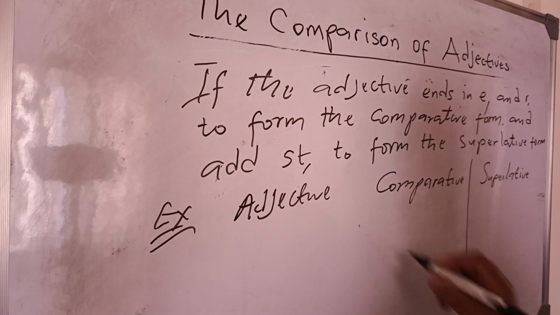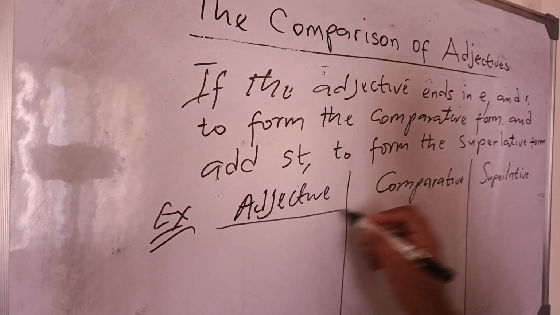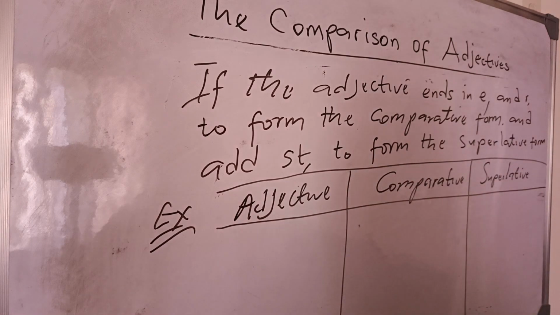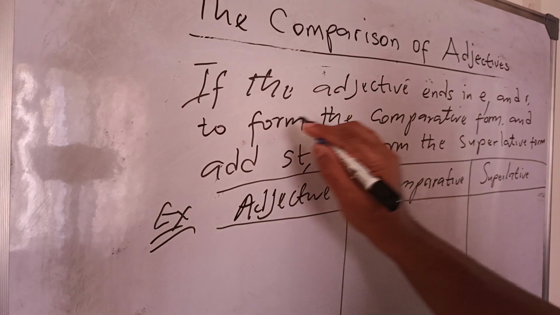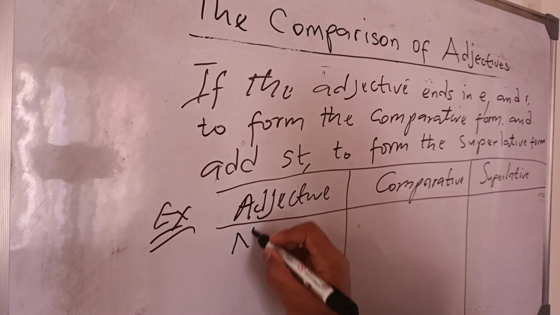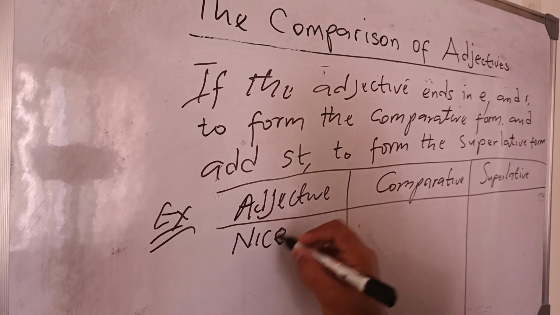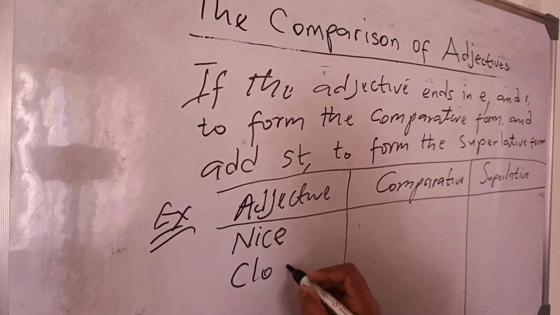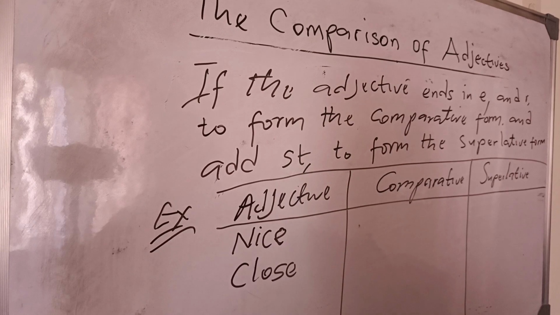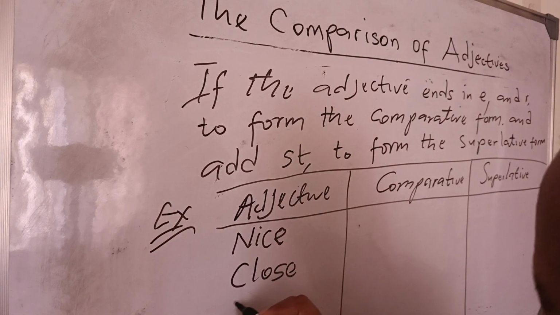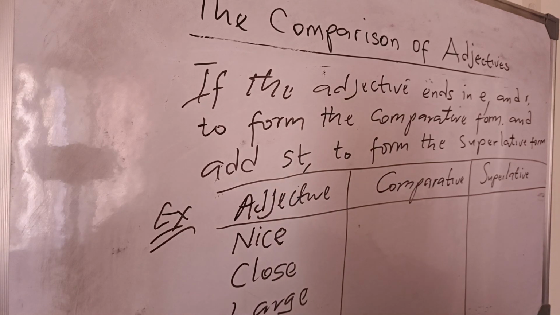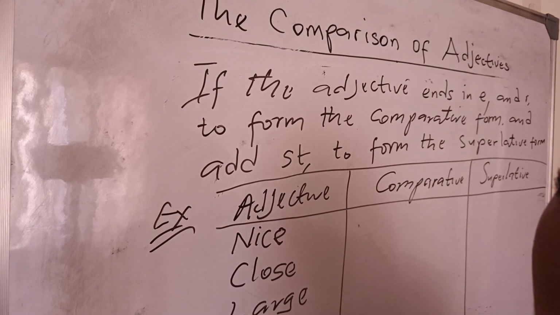If, for example, it ends in E, okay, nice, then close, then large, then safe.